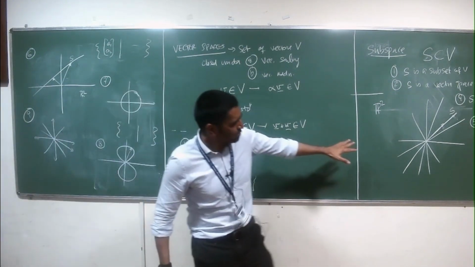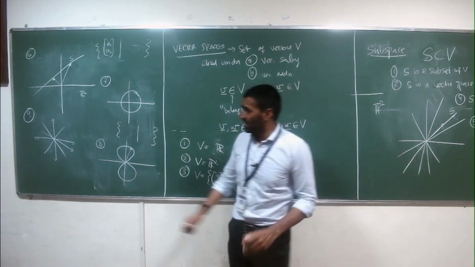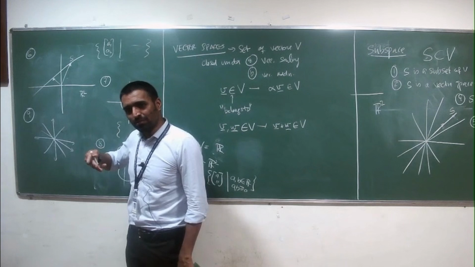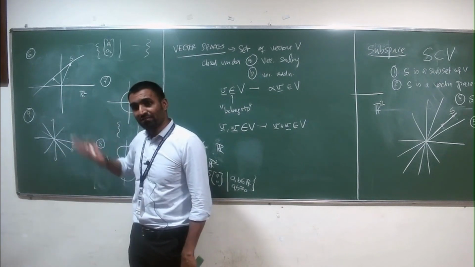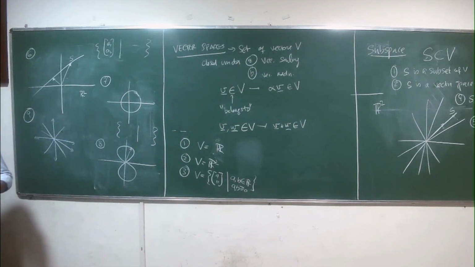In R2, the subspaces that you had were all lines that pass through the origin. When you go to R3, you have lines that pass through the origin that form subspaces, and you also have planes. Now, if you go to R4, you'll have lines, two-dimensional planes, and three-dimensional hyperplanes that pass through the origin. But the condition is all of them have to pass through the origin.